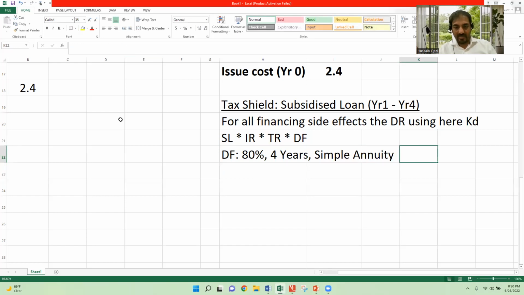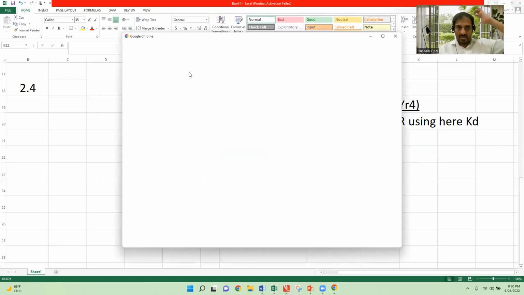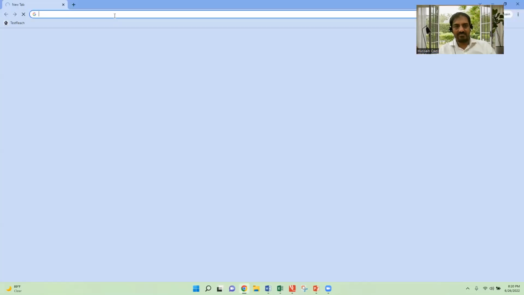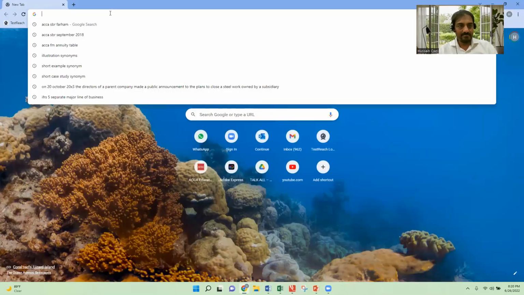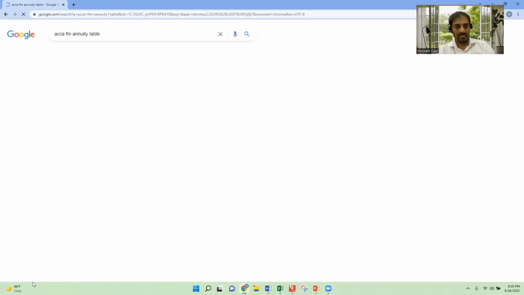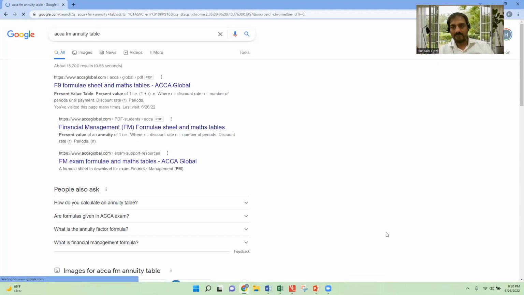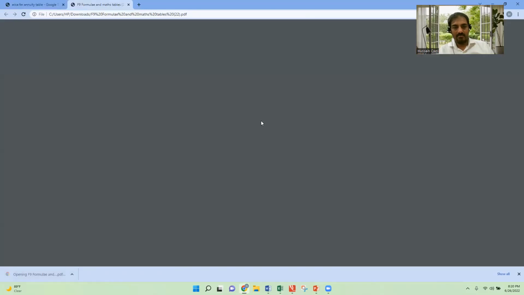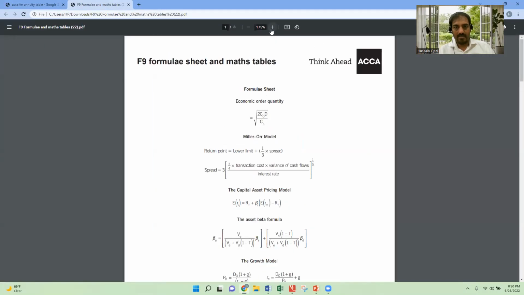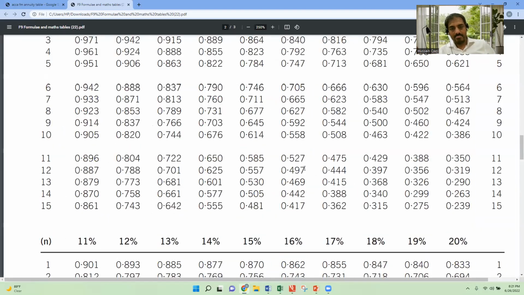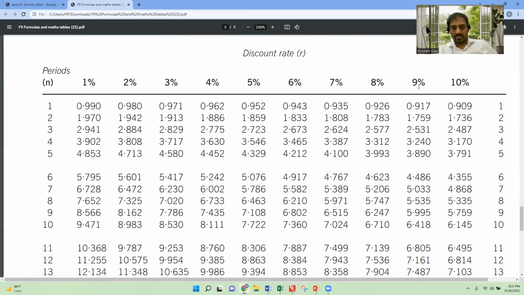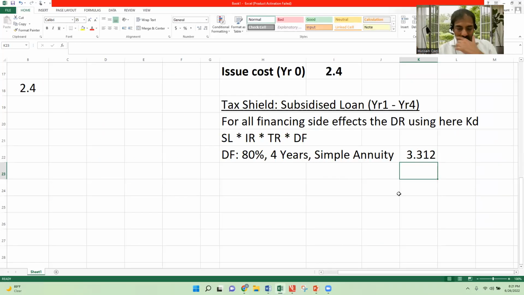You can refer to the discount table available with the CB format. For 8%, 4 years, the factor is 3.312.